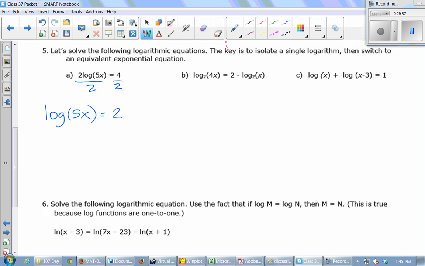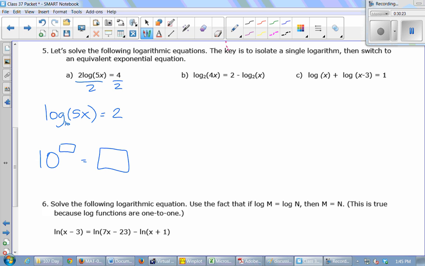And then I want to change this to an equivalent exponential equation. So what would an equivalent exponential equation be? Close. So what's my base? So my base in my logarithm is 10. It's also the base in my exponential. So it's 10 to the something equals something else, right?